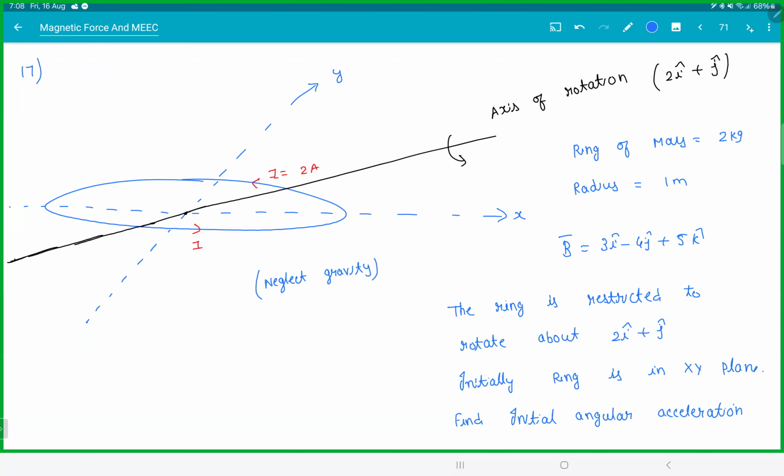See, the formula is still valid. Torque is equal to mu cross B. So initially, the mu bar is coming out of the plane.